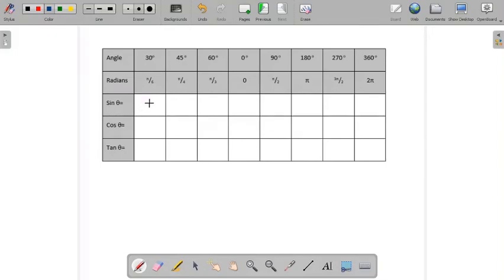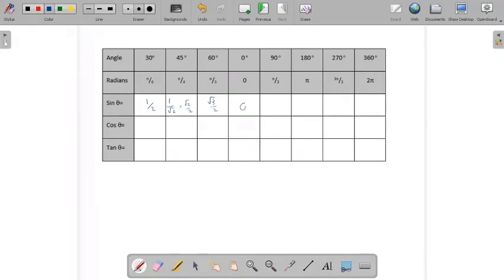So for 30 degrees, sine of 30, or sine of pi on 6, is 1/2. For 45 degrees, it is 1 over root 2, or root 2 over 2. It's really important that you become familiar with both these representations and understand they're the same. Sine of 60, or pi on 3, is root 3 over 2.